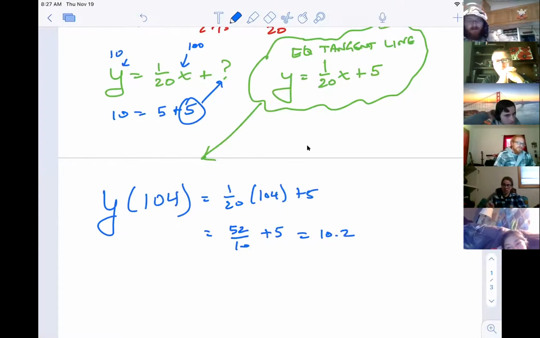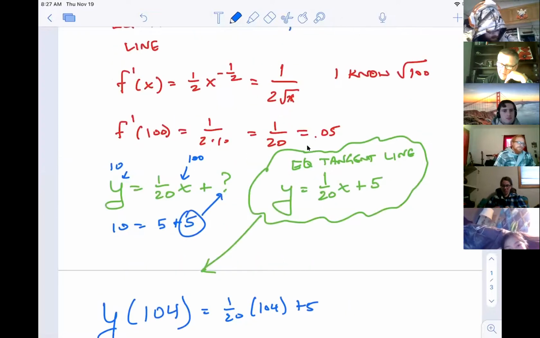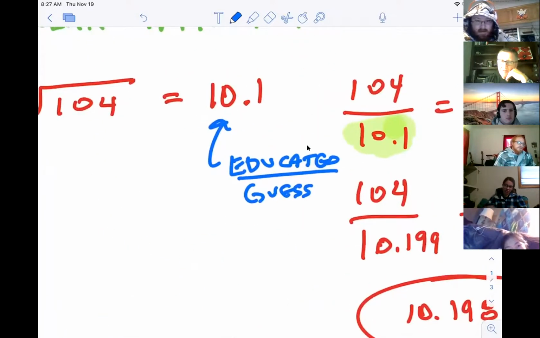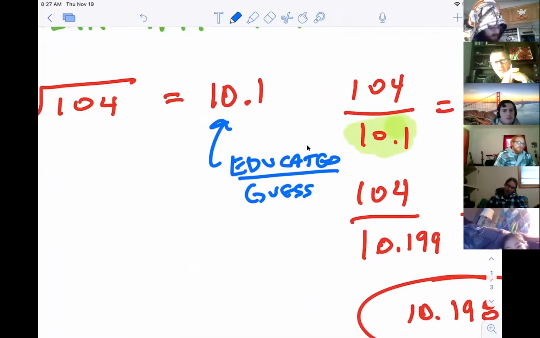And so it's not impossible that that's what's programmed into your graphing calculator. In other words, when I went back here and I said, what's a calculator going to do to make a guess at the square root of 104 when it doesn't have the ability to make educated guesses like you and me? Wouldn't this process allow it to start with a guess of 10.2, which is actually almost the correct answer?